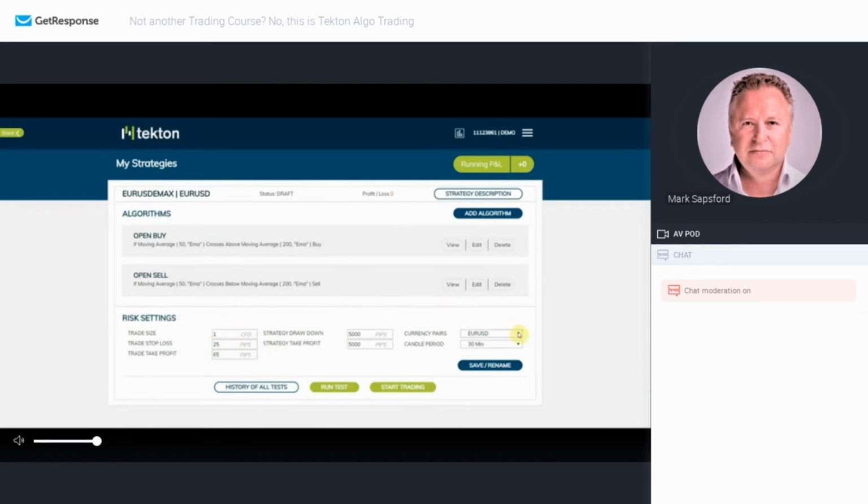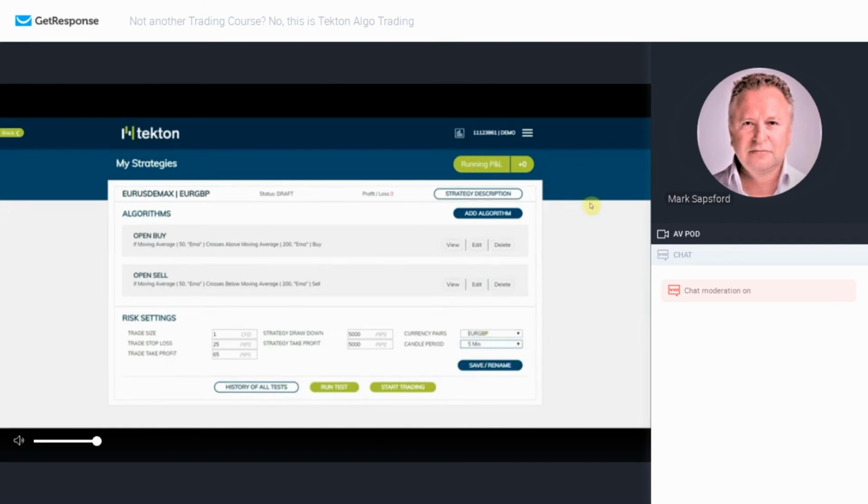You can also change your currency pairs or the instruments you're trading by using this wide range drop down menu. So let's say that instead of euro dollar, you now want to test on euro pound. That changes there, and let's say you want to change that to a 5-minute time frame.